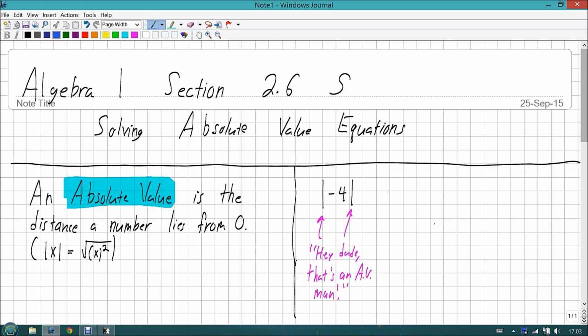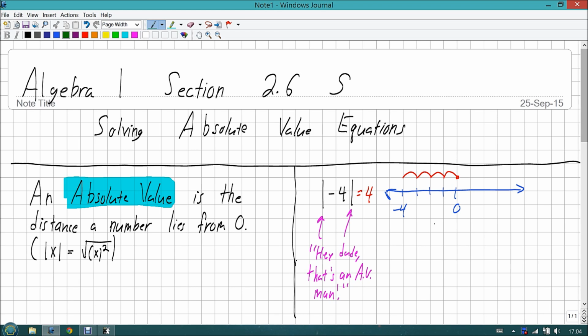Well, first, we would look at the definition and say it's the distance a number lies from 0. Well, here's 0, here's -1, -2, -3, -4. How far is that from 0? Well, that's 1, 2, 3, 4 spaces from 0. So the absolute value of -4 would be a +4.